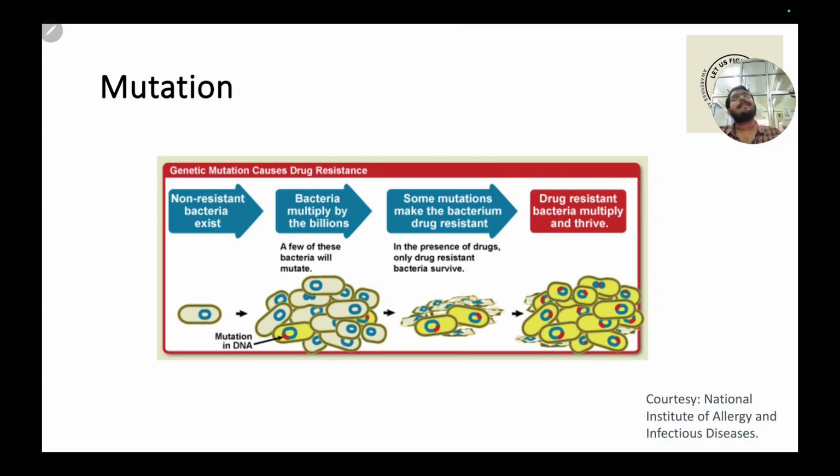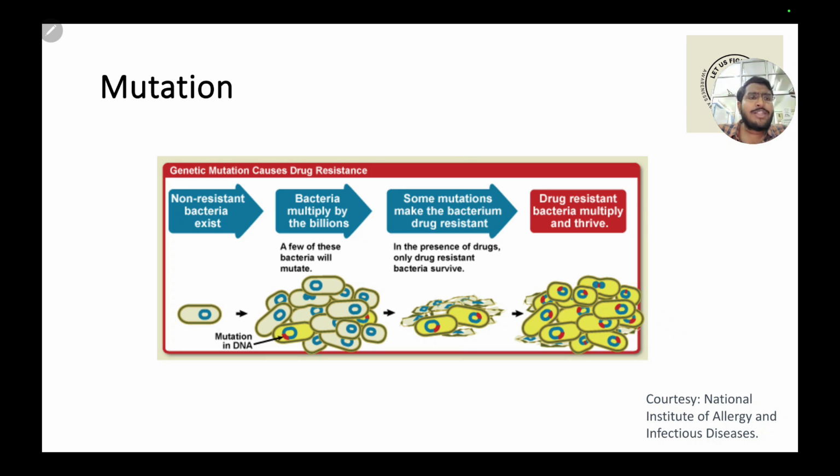So some bacteria undergo such changes, and these changes that happen in their gene give them the ability to resist antimicrobial agents and survive in the presence of antimicrobial agents. So mutation, that is changes in the DNA, could be responsible for the bacteria becoming resistant to an antibiotic.